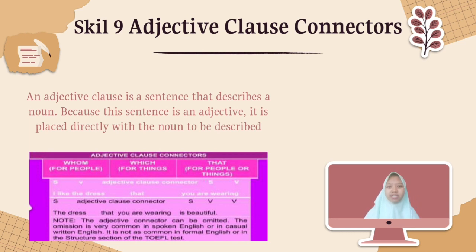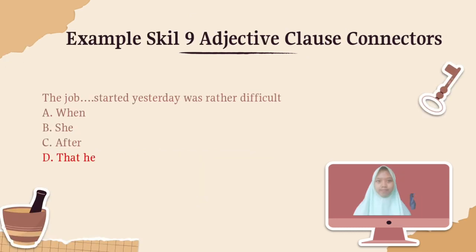A good example of this is: the job blank started yesterday was rather difficult. A. When. B. He. C. After. D. That he. In a question like this, the answer is D. But do you know why the answer can be D?